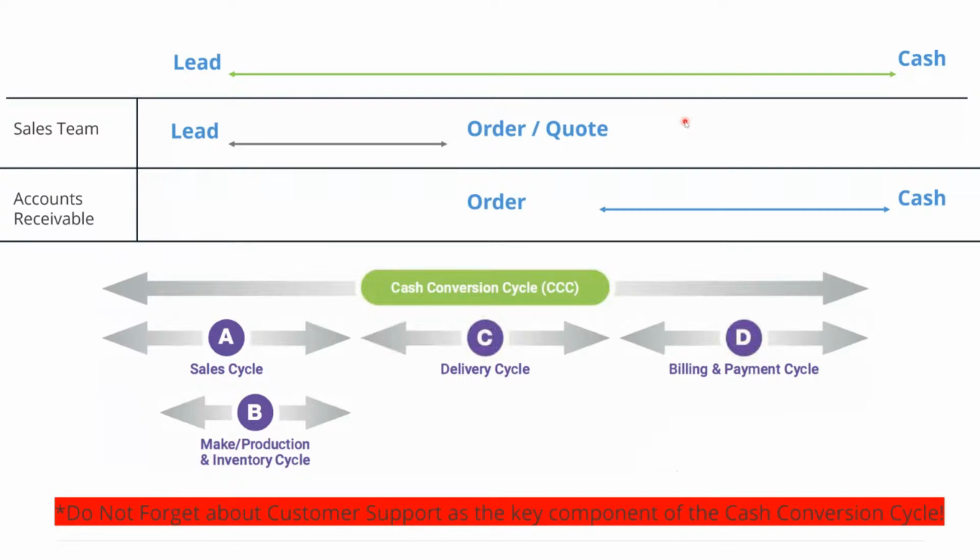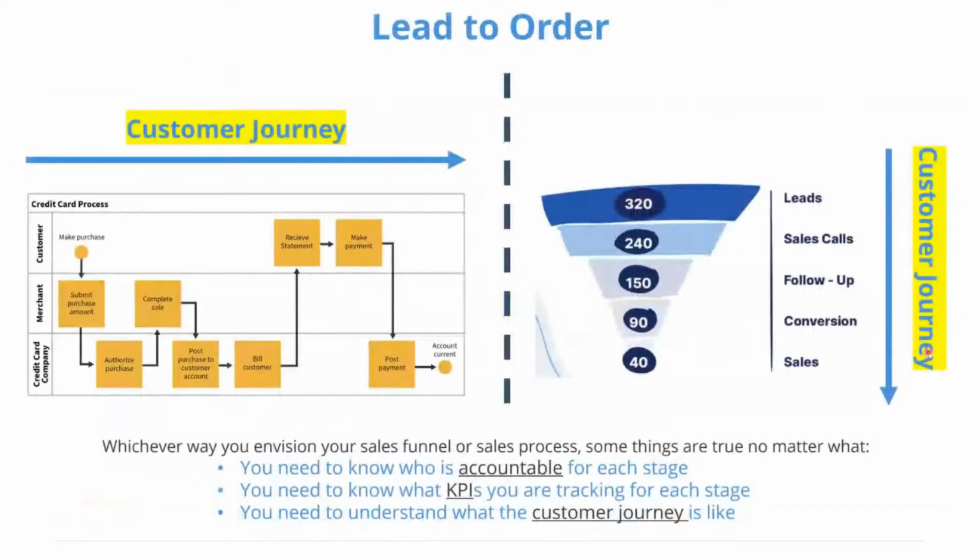If something goes wrong and the customer support is not providing perfect help, clients and customers leave because of customer support, and that's not news, right? So customer support is truly part of the sales team and part of the lead to cash cycle, right?